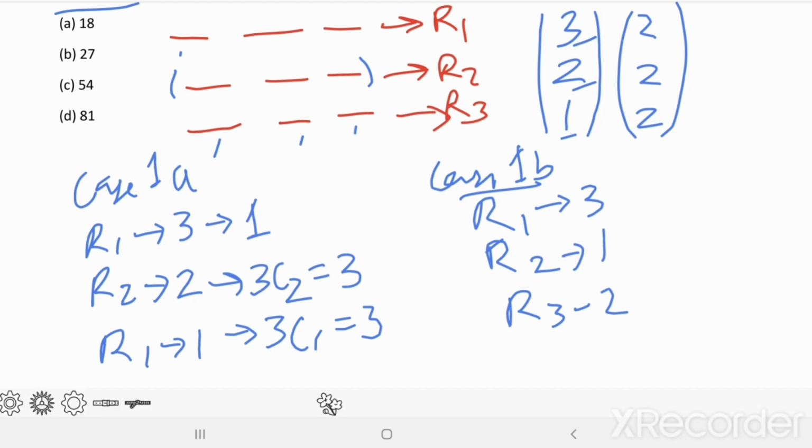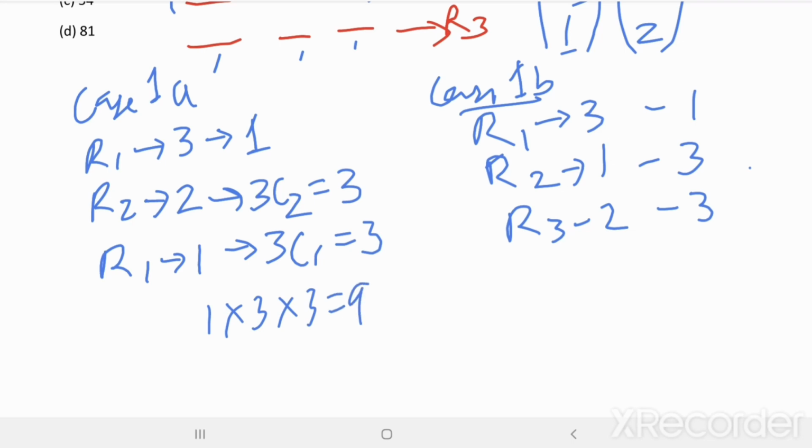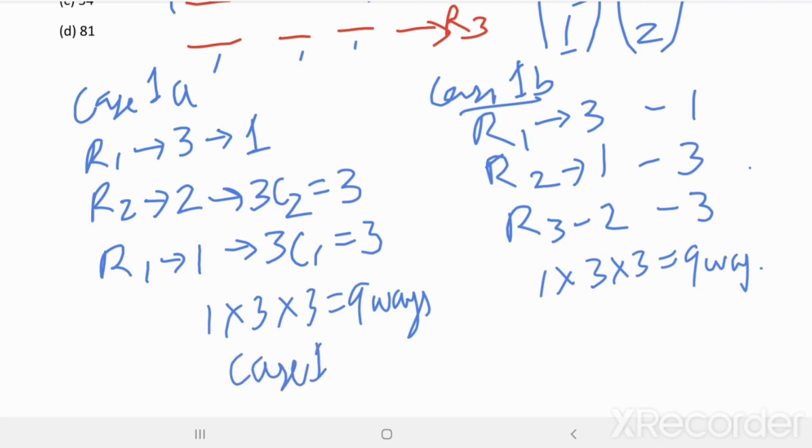Here also you can have 1 way, 3 ways and 3 ways again. Then from case 1, total number of ways: here it is 1 into 3 into 3, so 9 ways. Here also 1 into 3 into 3 equals 9 ways. So from case 1, total arrangements equal 9 plus 9, 18 ways.